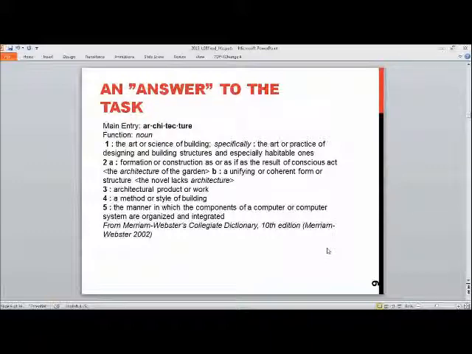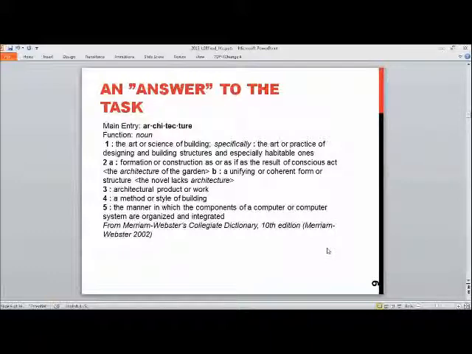There's also formation or construction as the result of a conscious act, creating something, creating an architecture, or using architecture to create something. But also, interestingly, this definition also recognizes the software industry.